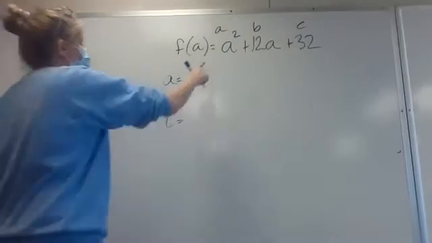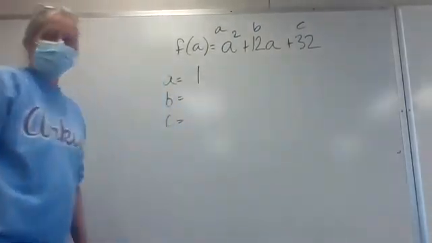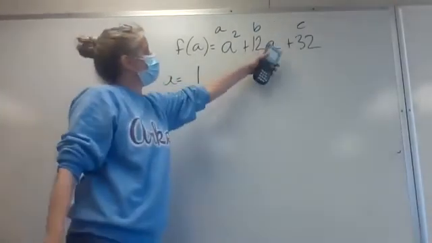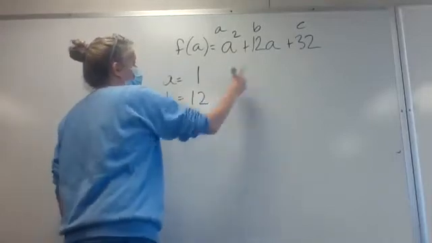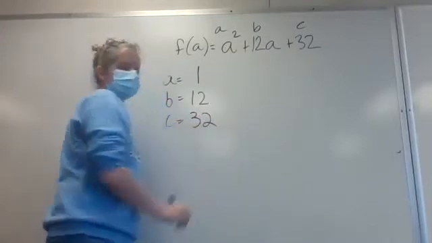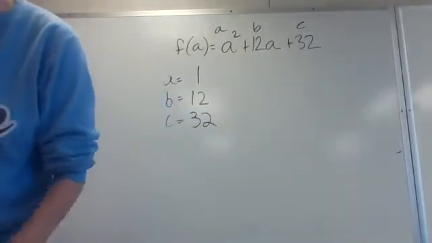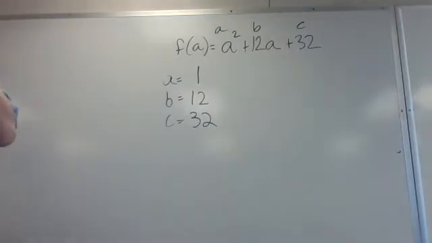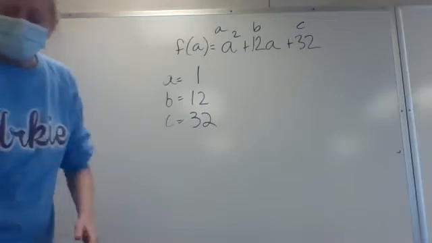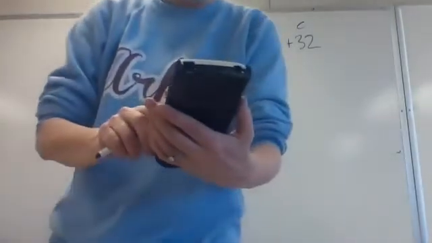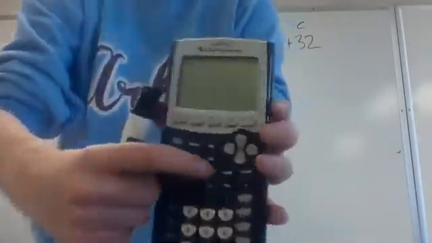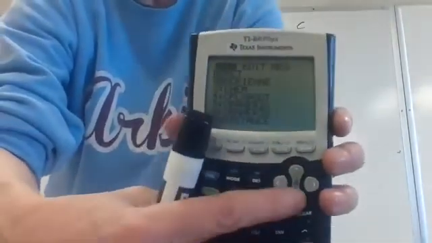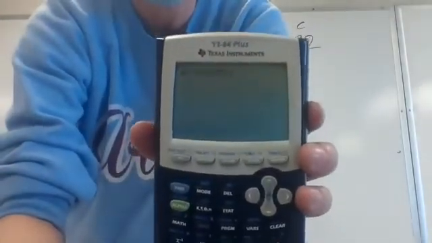So my A, in front of A squared, is 1. My B, in front of the A, is 12. And my C, which is my constant, is 32. So if I go to program or use the link that I'm going to send you, go into program, down to quad, hit enter twice.